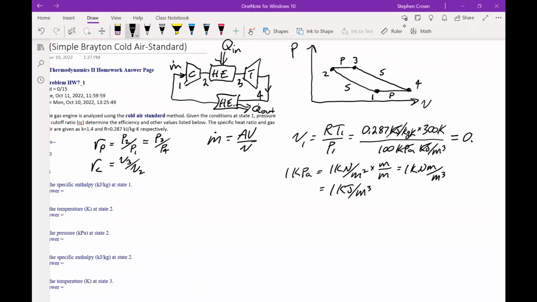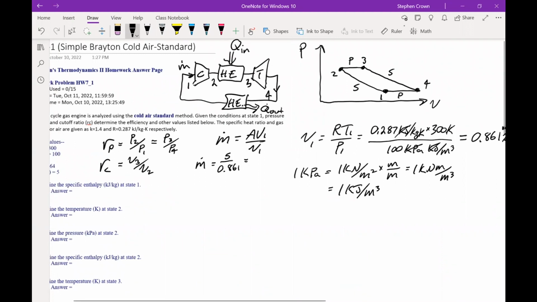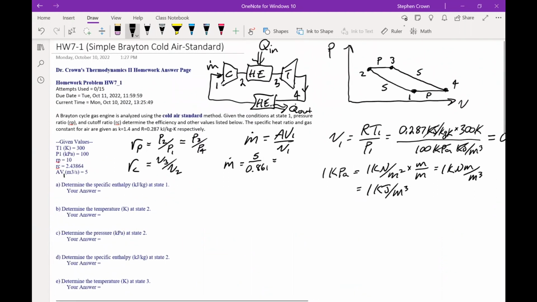So if I wanted to find the mass flow rate through each component, I could use state one, the volumetric flow rate at state one, which was given as 5, divided by the specific volume that I just found. So m dot equals 5 divided by 0.861. This was in units of cubic meters per kilogram, and a volumetric flow rate in cubic meters per second.